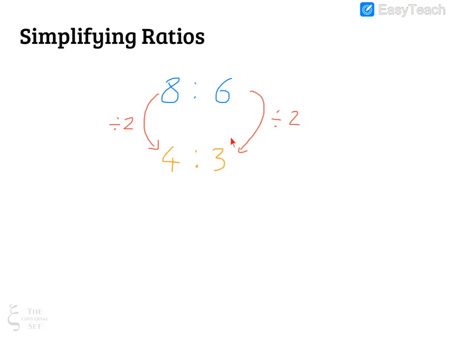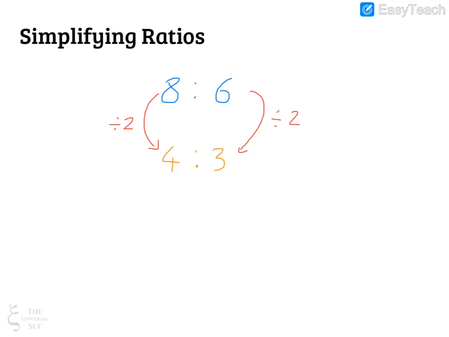I've simplified the ratio because it's equivalent. It's the same sort of proportion of numbers. For every 8 of these, I've got 6 of these. That's the same as saying for every 4 of these, I've got 3 of them. And I can't go any further. That's how I know it's in its simplest form, because there isn't any number that I can divide both 4 and 3 by to make a simpler version of this.